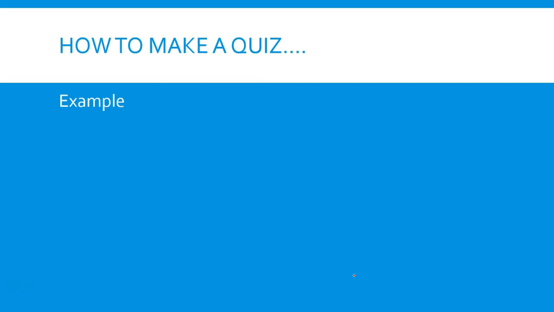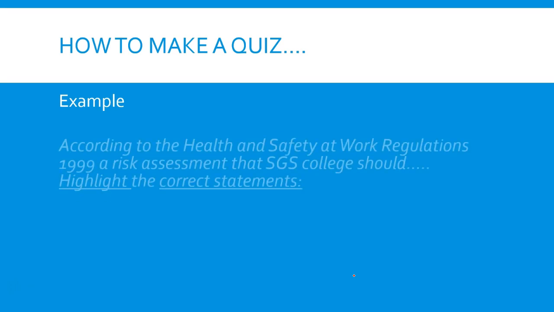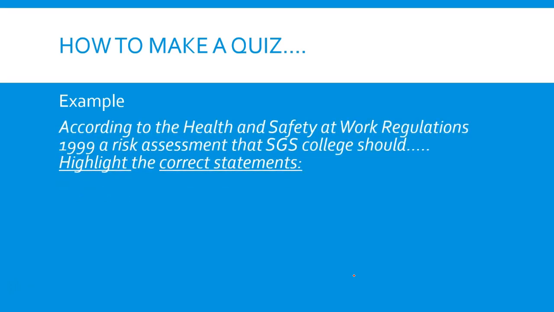Okay, how to make a quiz. This is a bit you need to know about. An example of this: this is one that I did according to the Health and Safety at Work Regulations 1999. Notice that I capitalised it. HTS College should highlight a risk assessment that HTS College produced should highlight. So I've linked it to the college as well.